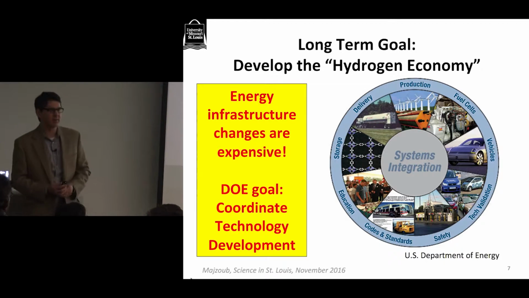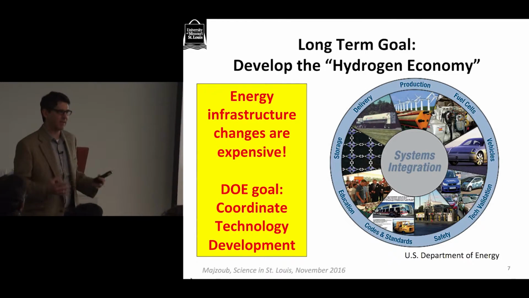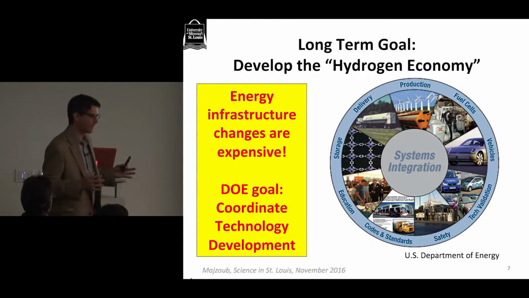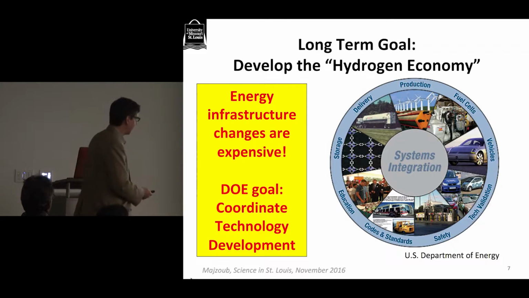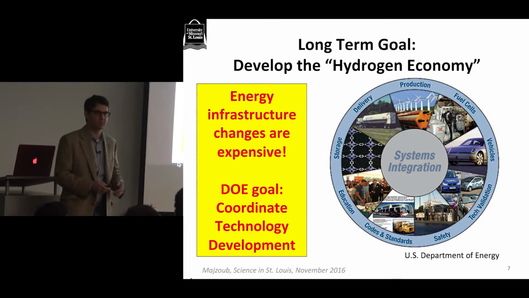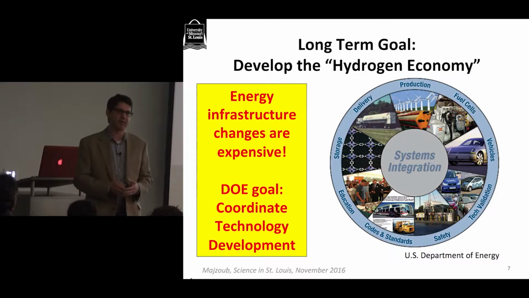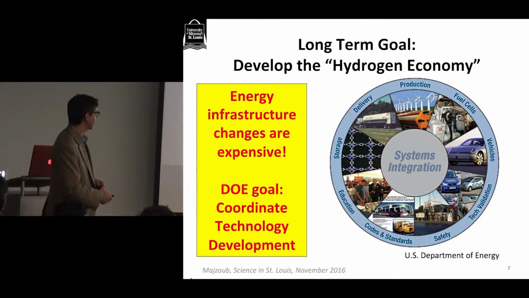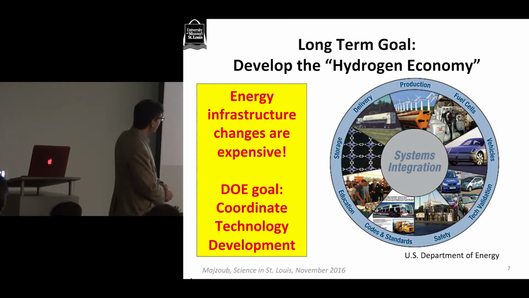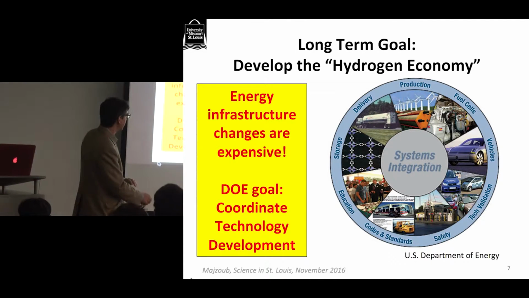So what the Department of Energy likes to do is try to organize this and help American industry to coalesce around different ideas, in the hopes that the transition is as smooth as possible, and that the correct technology is possible and is fieldable. This incorporates a large number of different things around this wheel that I'm showing.